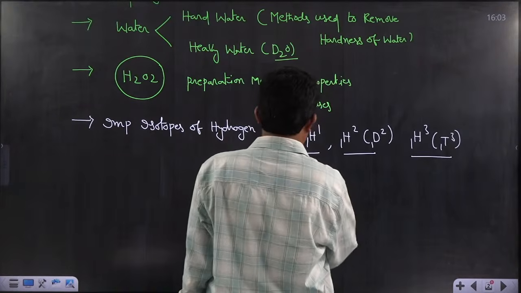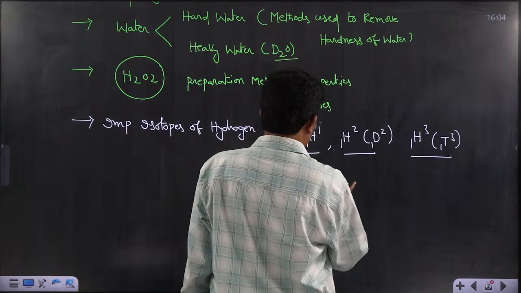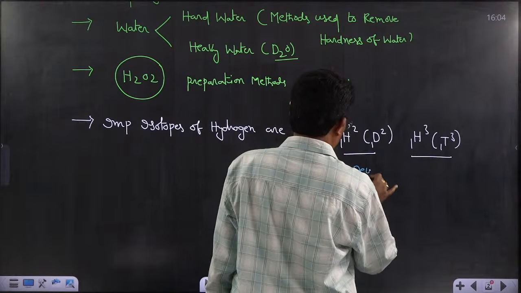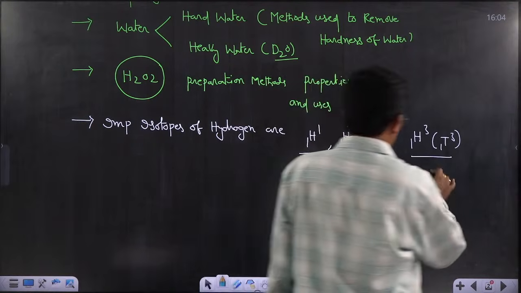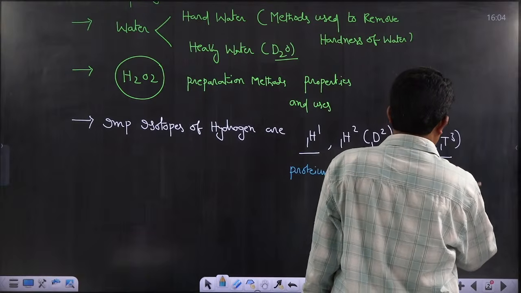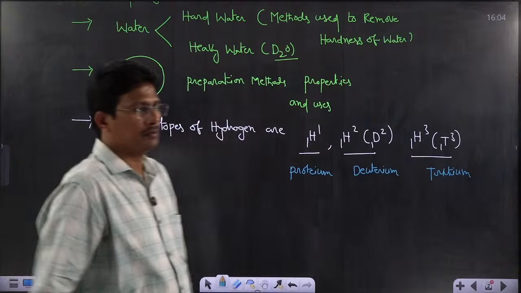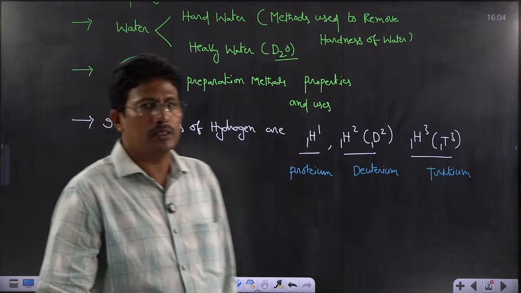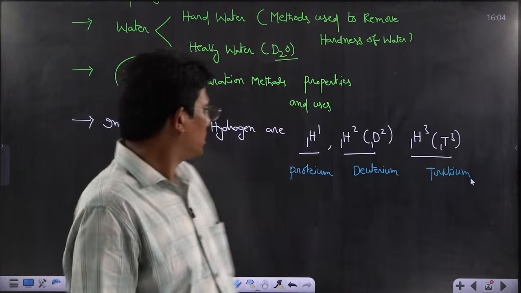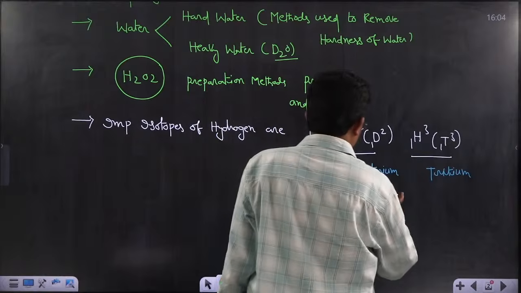First one is protium. Next one is deuterium. Third one is tritium. Okay. Among these three isotopes, the heavier isotope is deuterium.